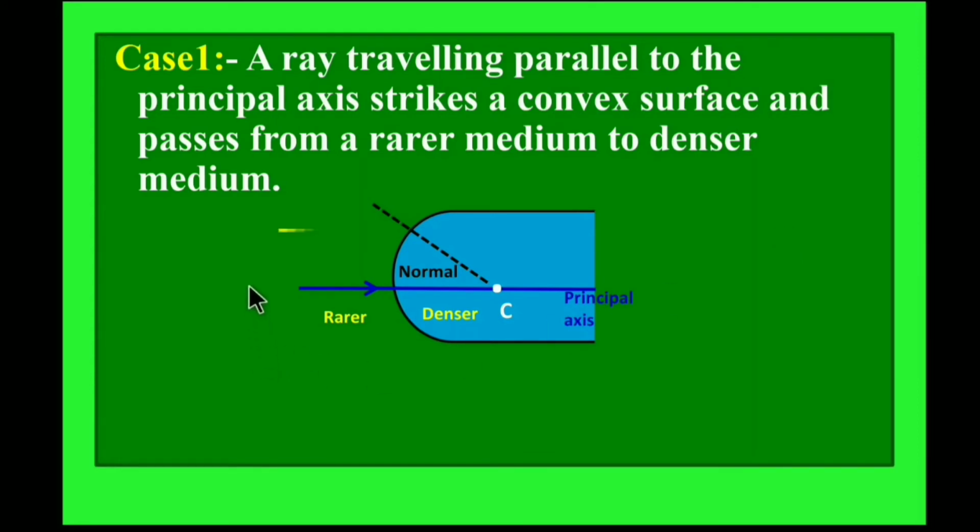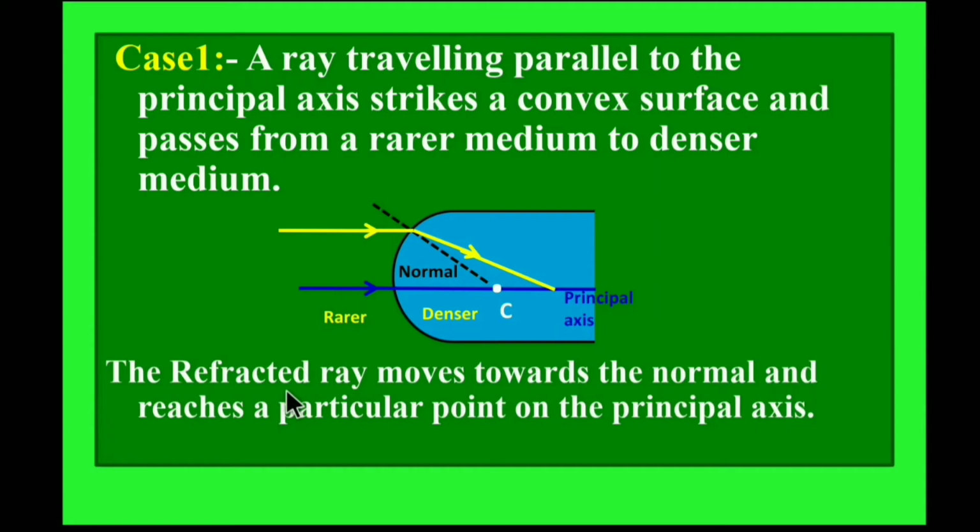The light ray is incident at this point, and after refraction, after bending, if you observe, this refracted ray moves towards the normal and reaches a particular point on the principal axis. So after refraction, this light ray moves towards the normal and reaches a particular point on the principal axis.